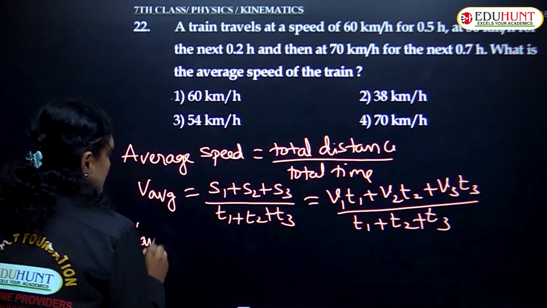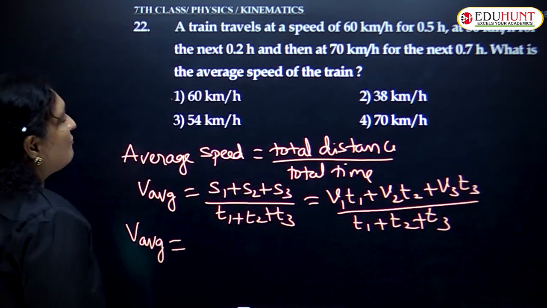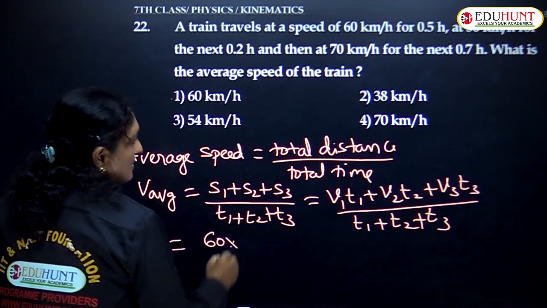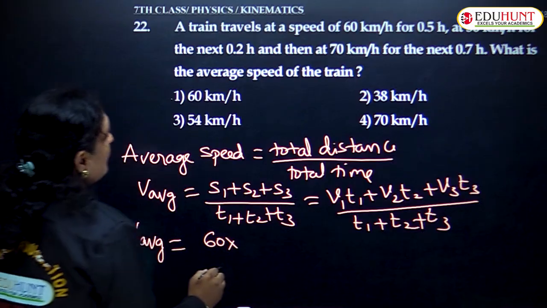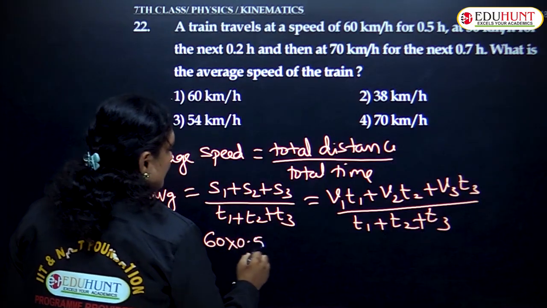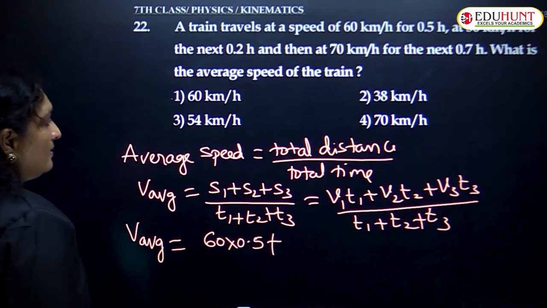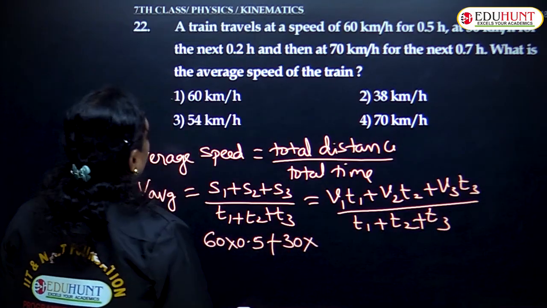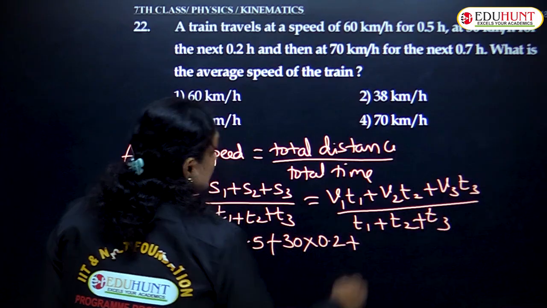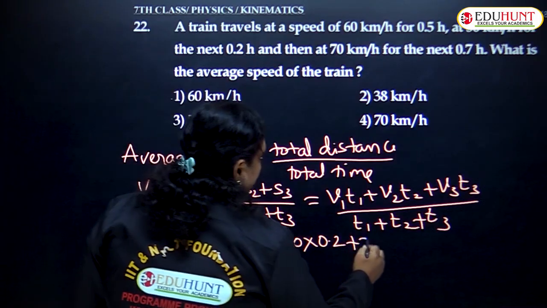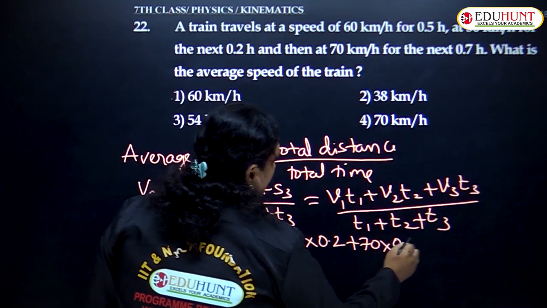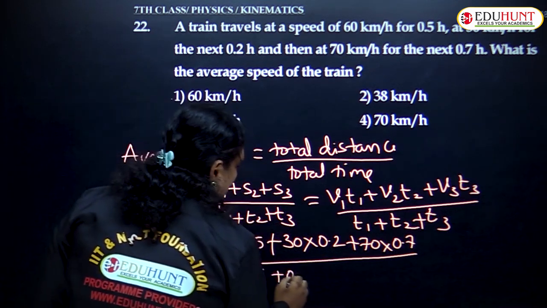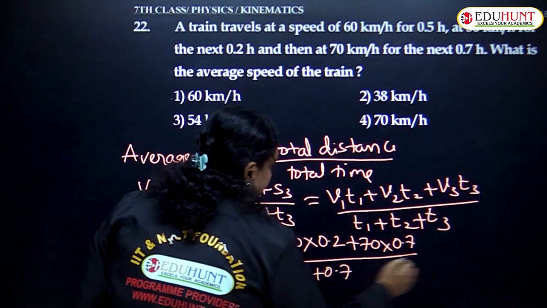Hence, the value of average speed is taken as, what is the value of V1? Yes, 60 km per hour in what time? 0.5 hour. So, 0.5 plus. Next one, how much is given? V2 is found to be 30 km per hour for 0.2 hours plus V3 is found to be 70 km per hour in 0.7 hours, and the total time was 0.5 plus 0.2 plus 0.7.